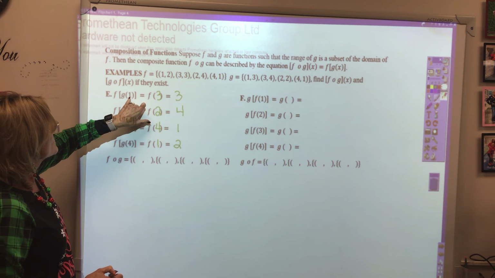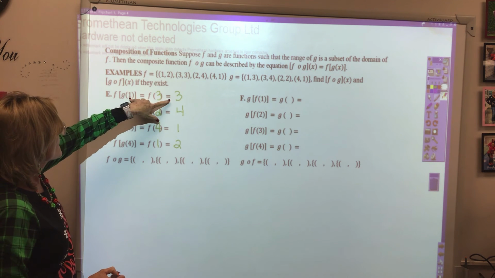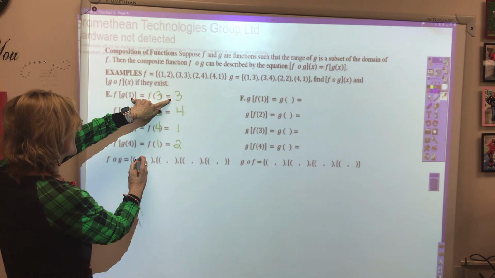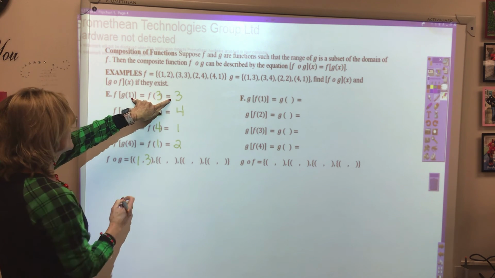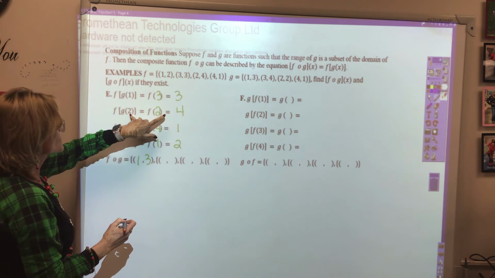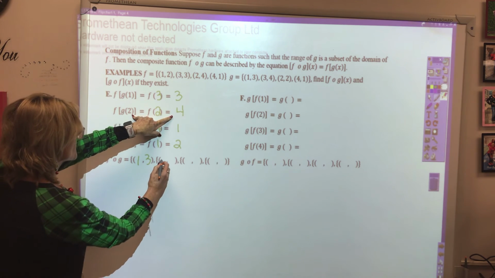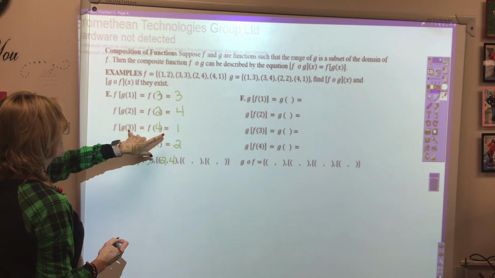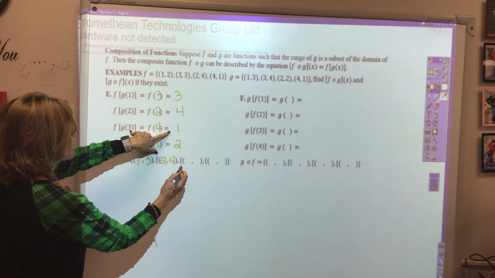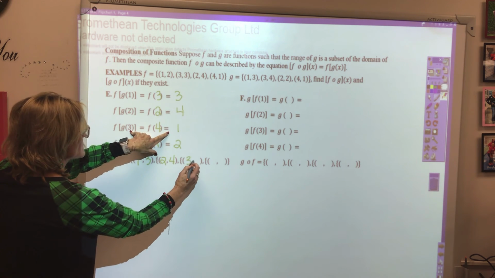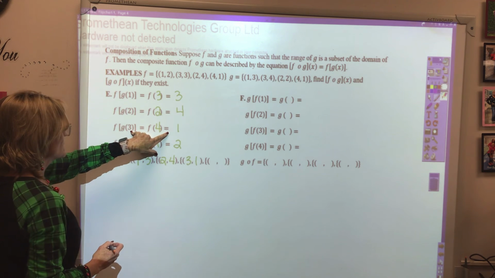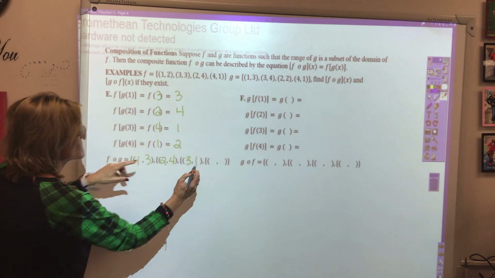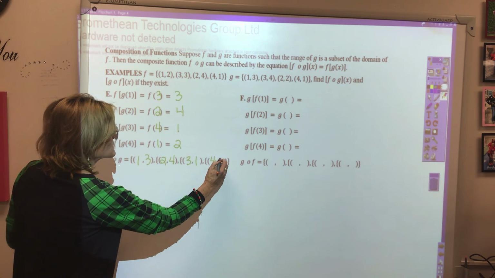When we inputted 1, our output was 3. So we have the ordered pair 1, 3. When we inputted a 2, our output was a 4. So we have 2, 4. When we input a 3, we have an output of 1. So 3, 1. And when we input a 4, we have an output of 2. So 4, 2.